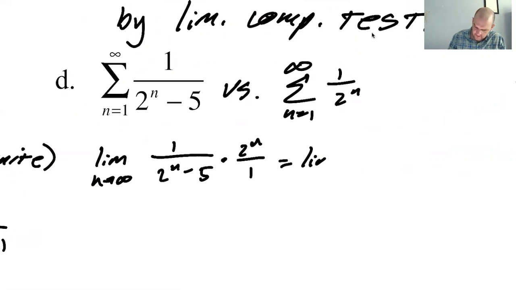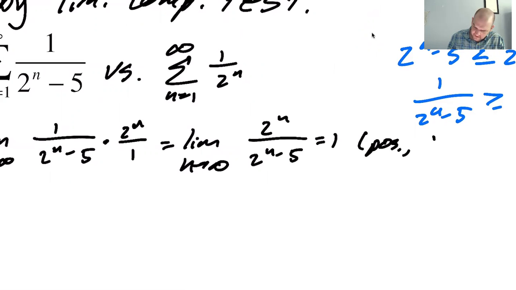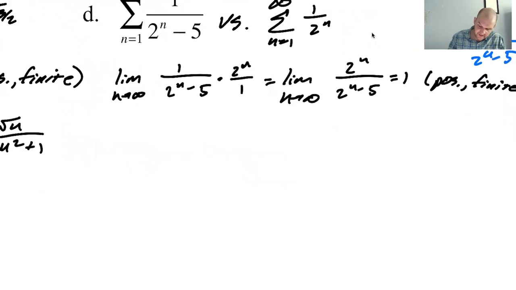You can basically engineer these so that you always get 1 as your limit. I don't really try to do that, but it'll happen a lot. So this is going to give us 1, which is in fact positive and finite. And since it's positive and finite, they do the same thing.